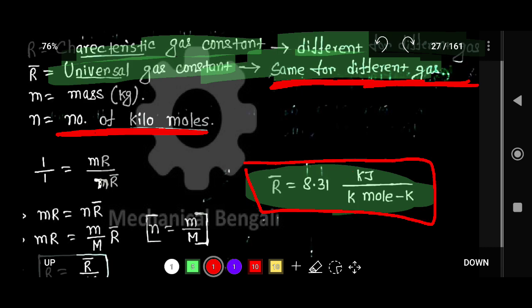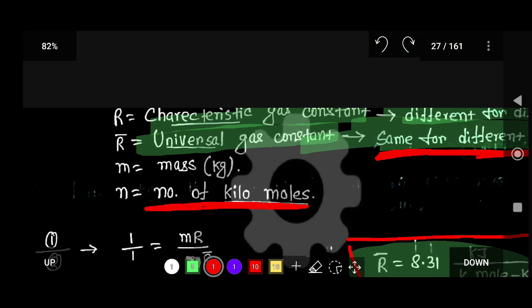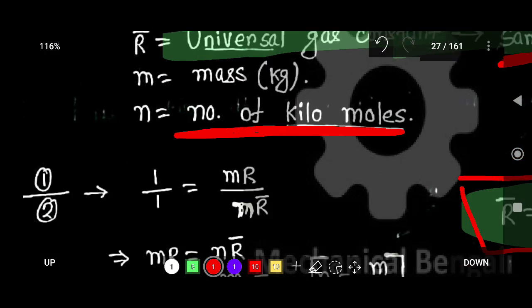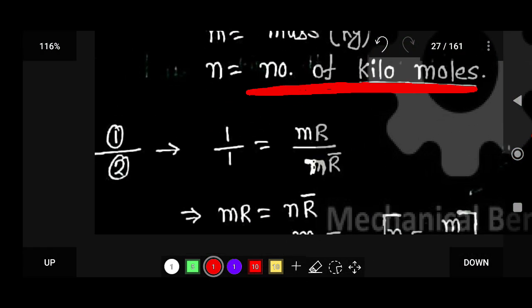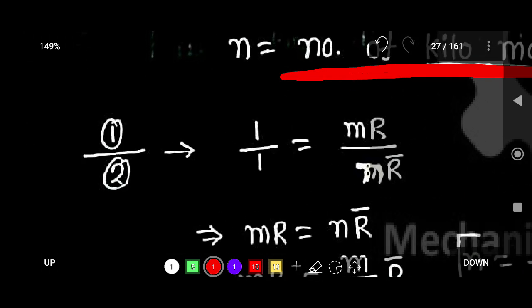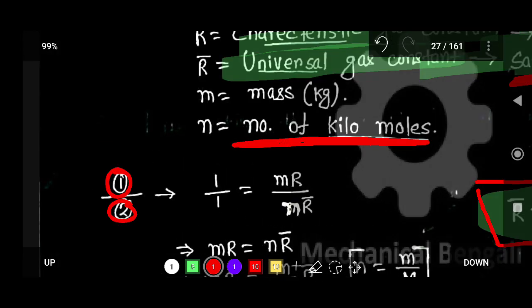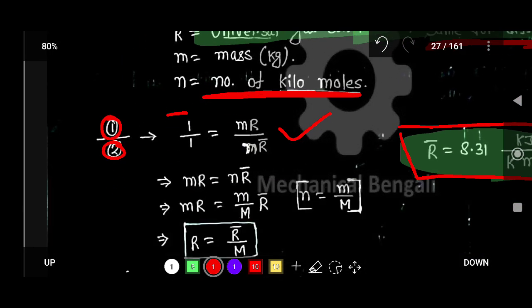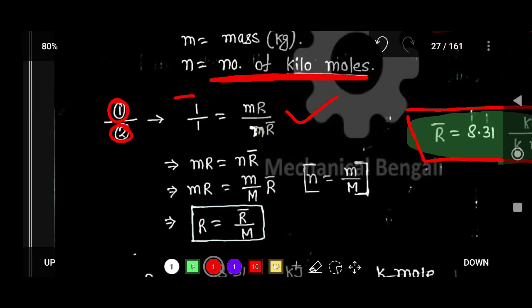Now this is equation number 1 and this is equation number 2. Now we will understand: equation number 1 divided by equation number 2, you will get 1 by 1, that is equal to mR by nR bar. So from here you can say that mR equal to nR bar.